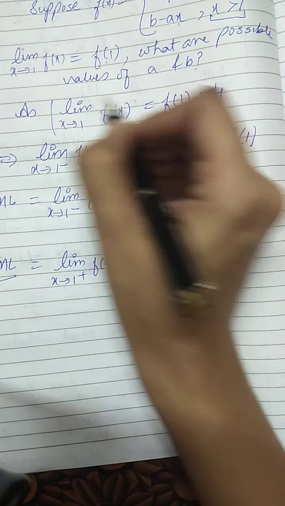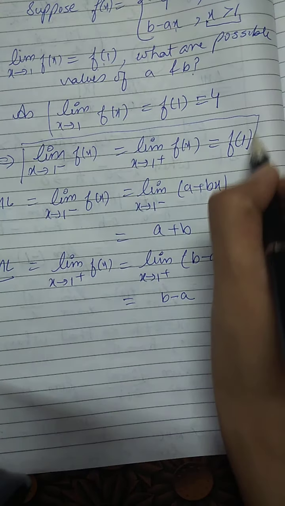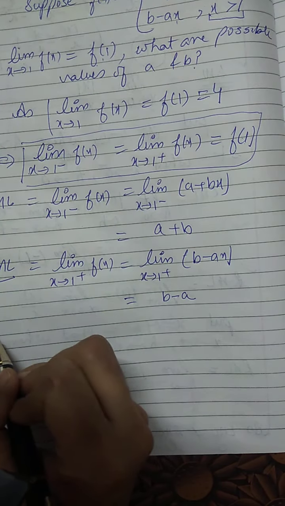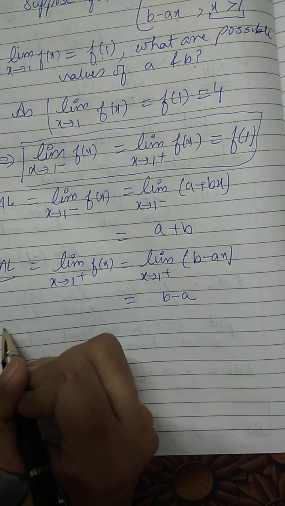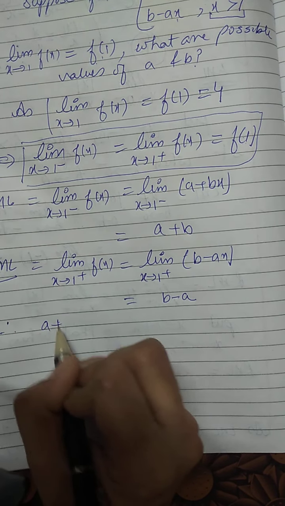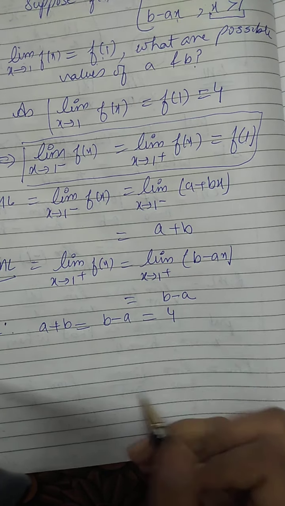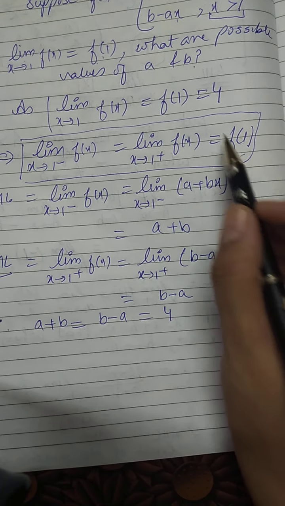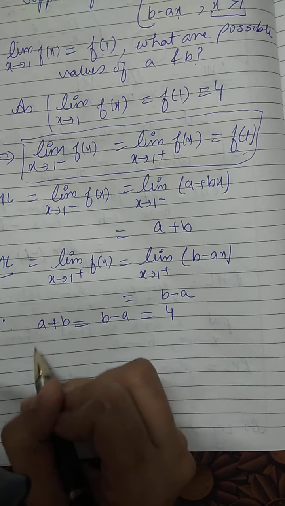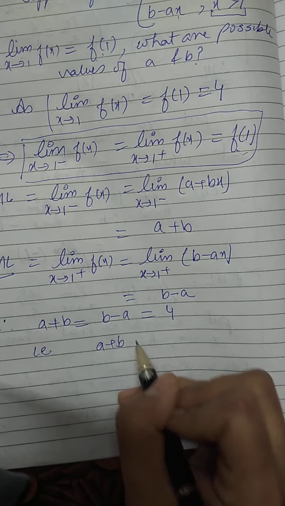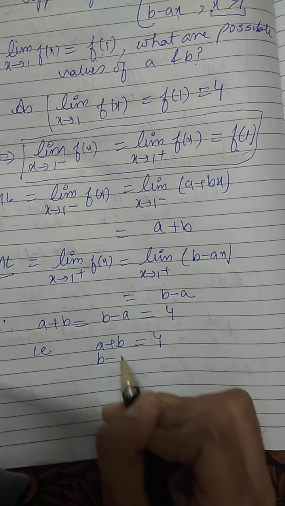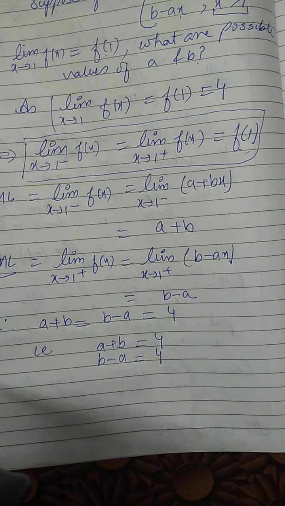Now we will use this result. Okay, I will equate these. So we will write, therefore, a plus b will be equal to b minus a equal to 4, because f of 1 is given as 4. So that is a plus b is equal to 4, and b minus a is equal to 4.